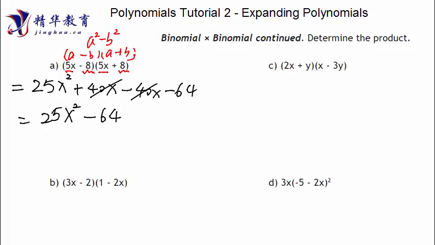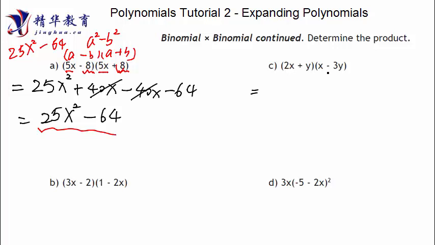Now this works for it: it's just the square of this, which is 25x squared. 8 squared is just 64, and then minus in the middle here. We got exactly the same thing here. So this only works when these two terms are exactly the same and the only difference is one is negative, one is positive. Then you can do that. If you're not 100% sure how to do these things, just do the long way. You're guaranteed to be right. Good.